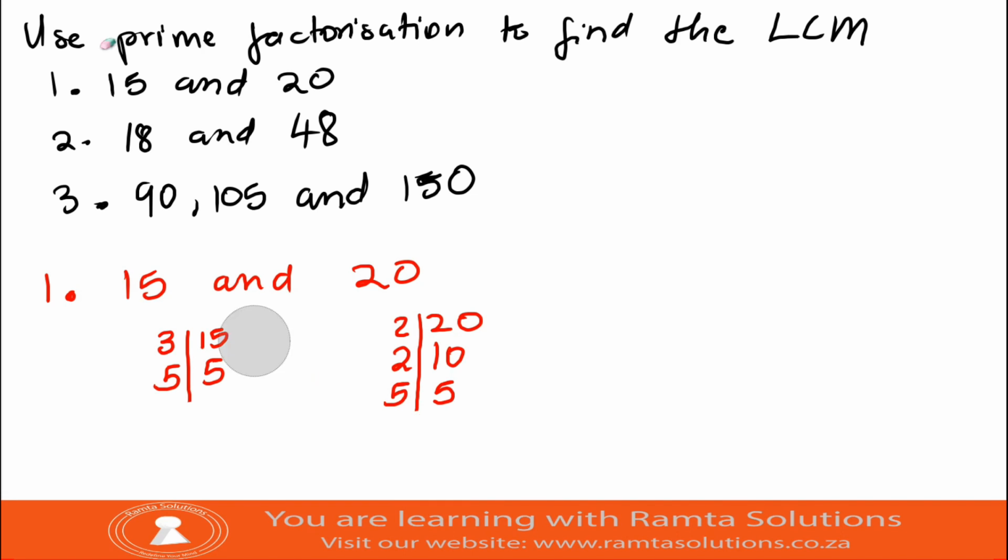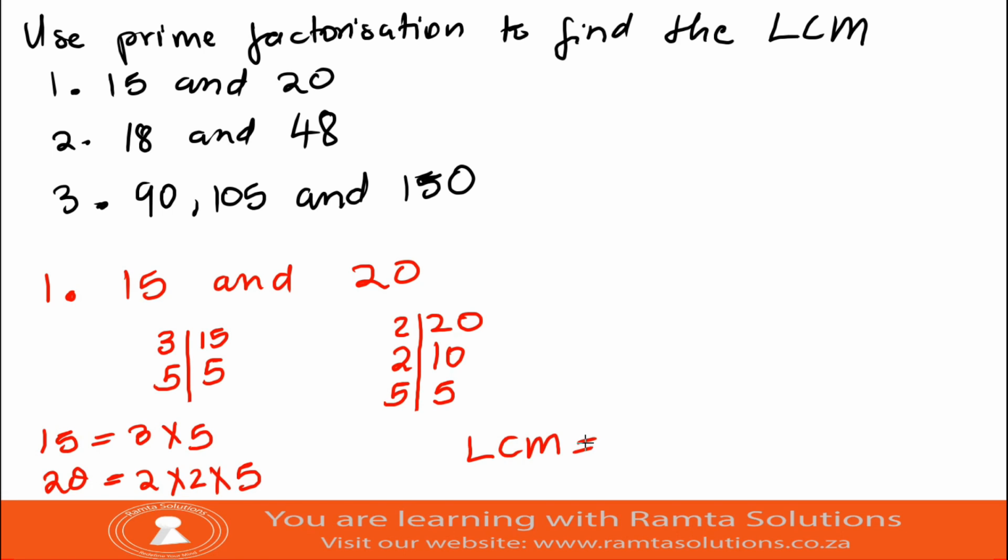So now, when we look at the product of prime factors, we will be saying 15 is 3 times 5, while 20 is 2 times 2 times 5. To find your lowest common multiple, what you're going to do is this.